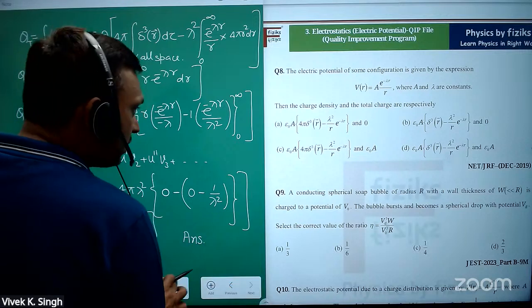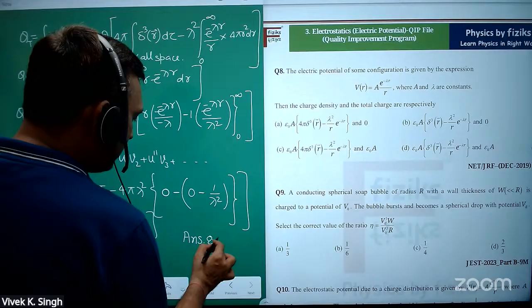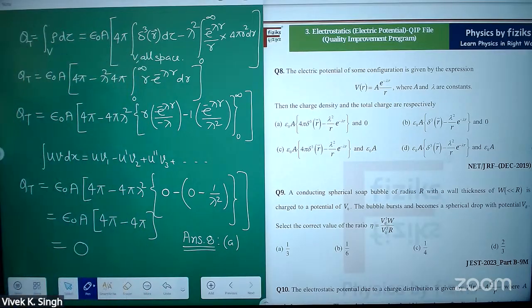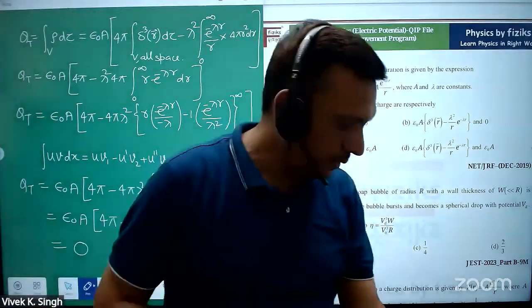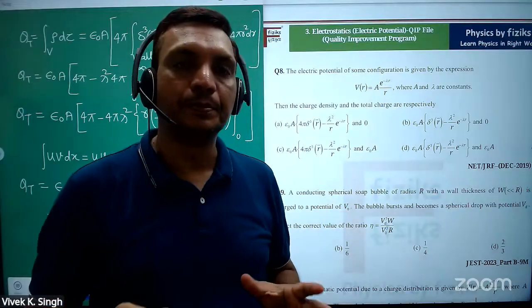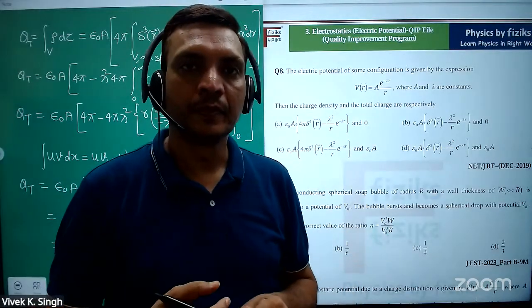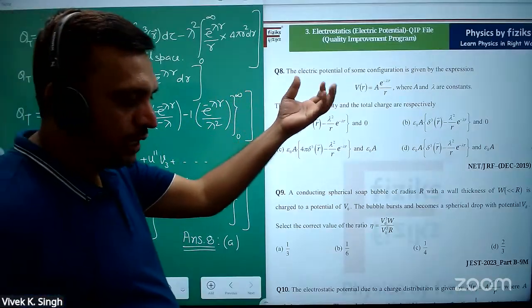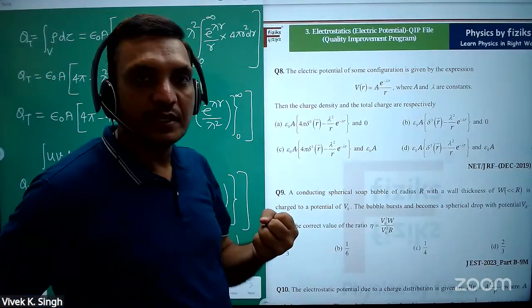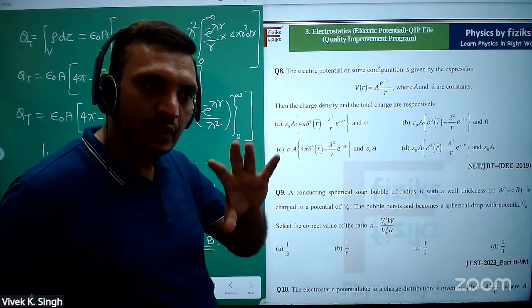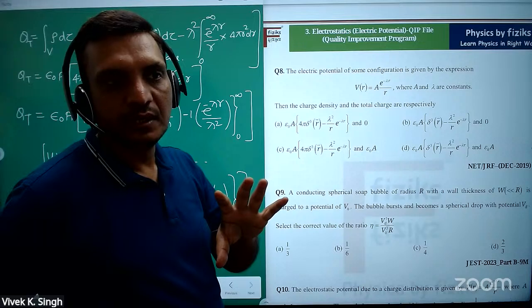So in question number 8, option A is correct. It's a matter of calculation. If you remember the formulas and if you know the concept, then it's all about calculation. Just see in this question, because it is V, you have to find E, then you have to find divergence. Divergence of r cap by r square is the Dirac delta function. So you have to use all those concepts.